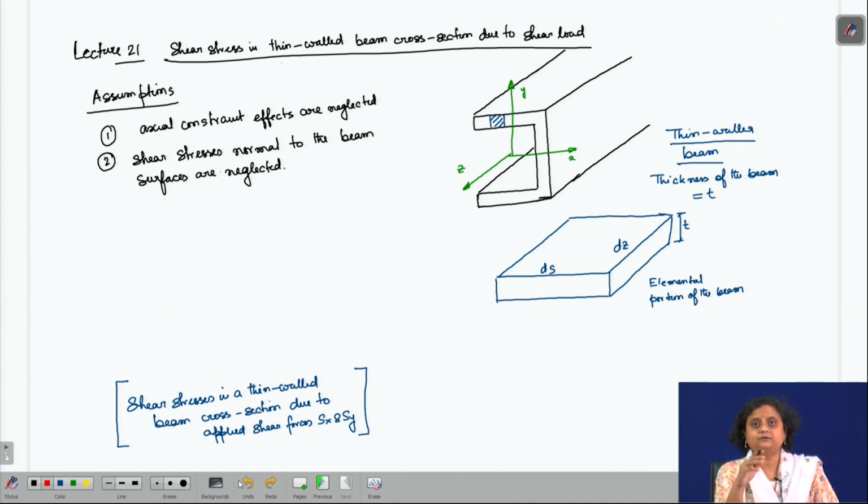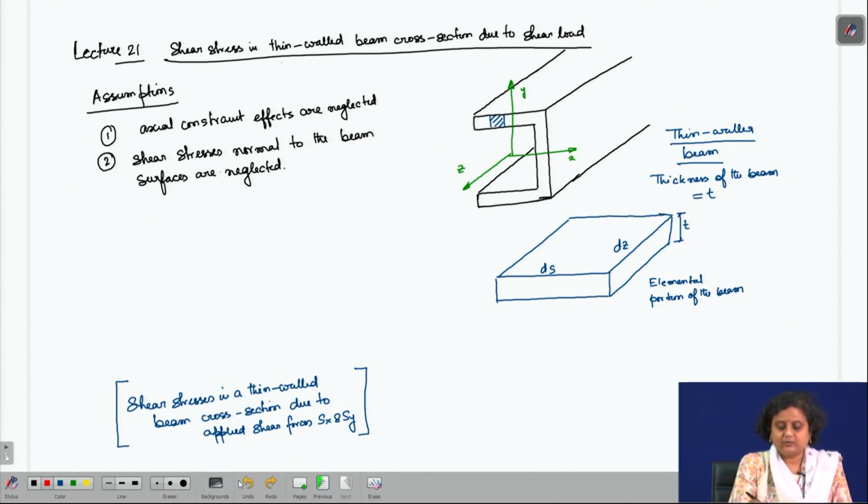Because the outer beam surfaces are stress free, and since the thickness of the beam wall is very small and the two ends are 0, the shear stress in the normal direction is very small and can be neglected.